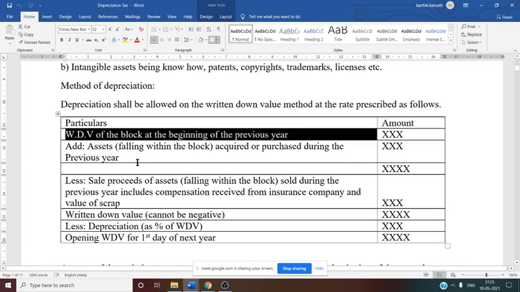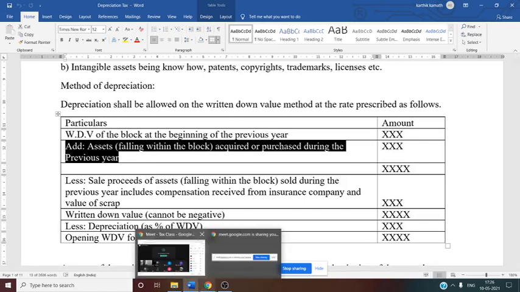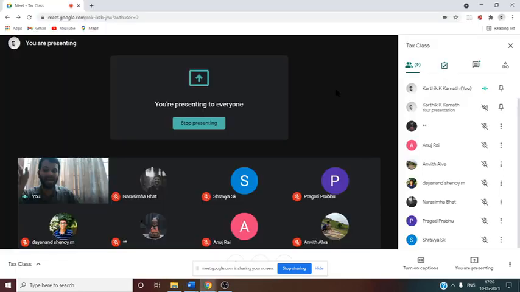Next, add assets falling within the block acquired or purchased during the year. So we have to add certain things. Any addition made to the asset means, suppose you have purchased any additional asset, or any additional motor car or truck.